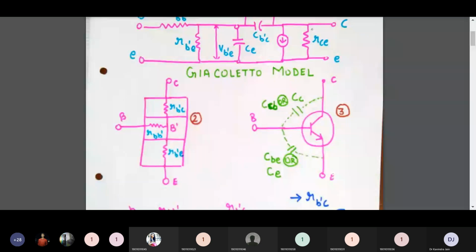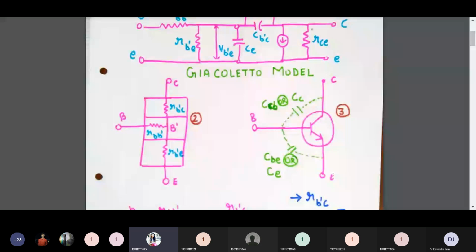Done, sir. Okay. I would like to ask, what do you mean by diffusion capacitance? Diffusion capacitance, what is it?